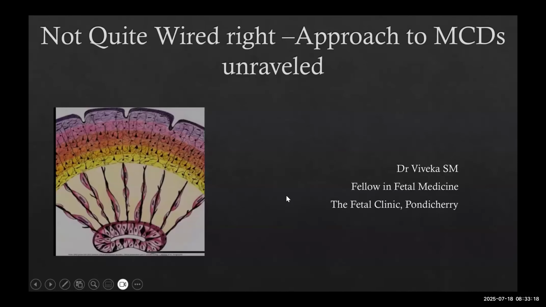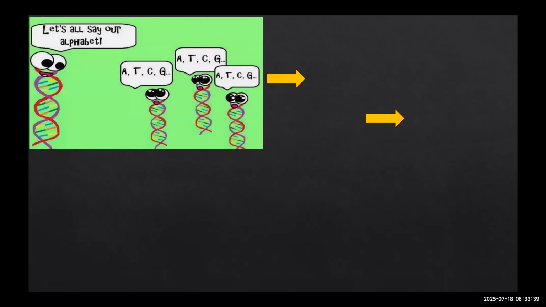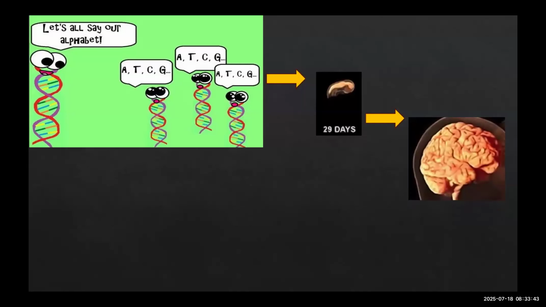Good morning, everyone. I'll be continuing on the topic, approach to malformation of cortical development. The human brain is a unique creation in the universe with immense complexity. How such a complex process is so reproducibly programmed in each and every one of us is truly astounding.